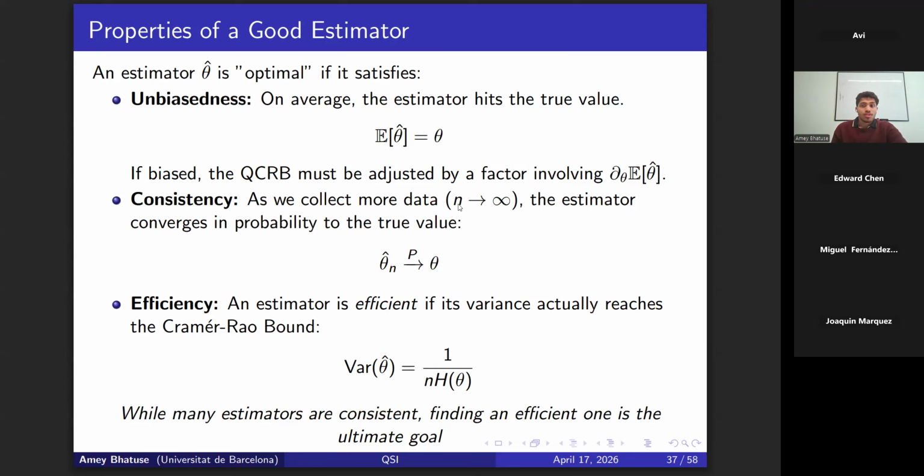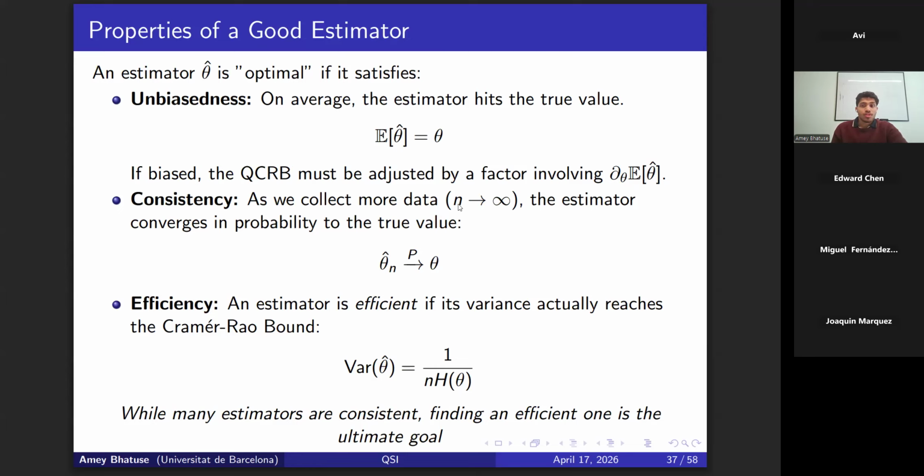There's a quantity in classical statistics which gives us this answer: Fisher information, which measures the sensitivity of your outcomes with respect to your parameter. It basically asks how much the distribution of your outcomes can change if we change the parameter by a certain amount, and you can quantify that with Fisher information.